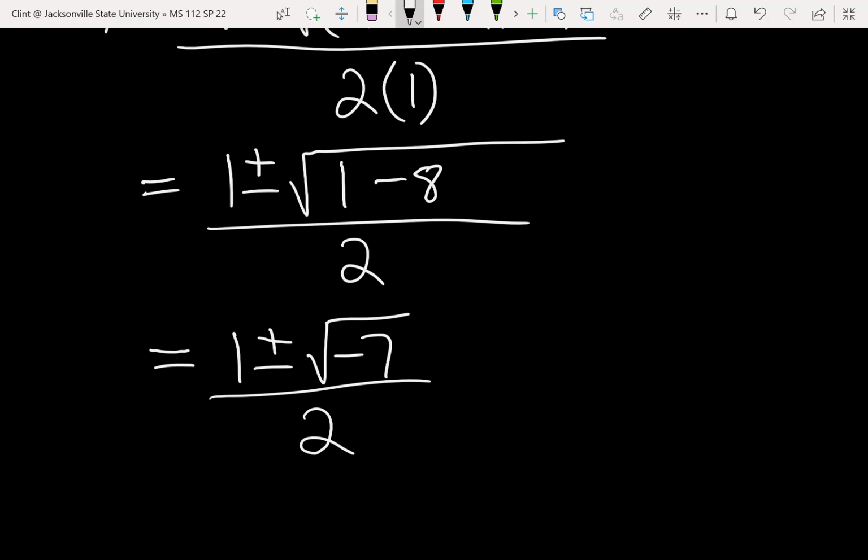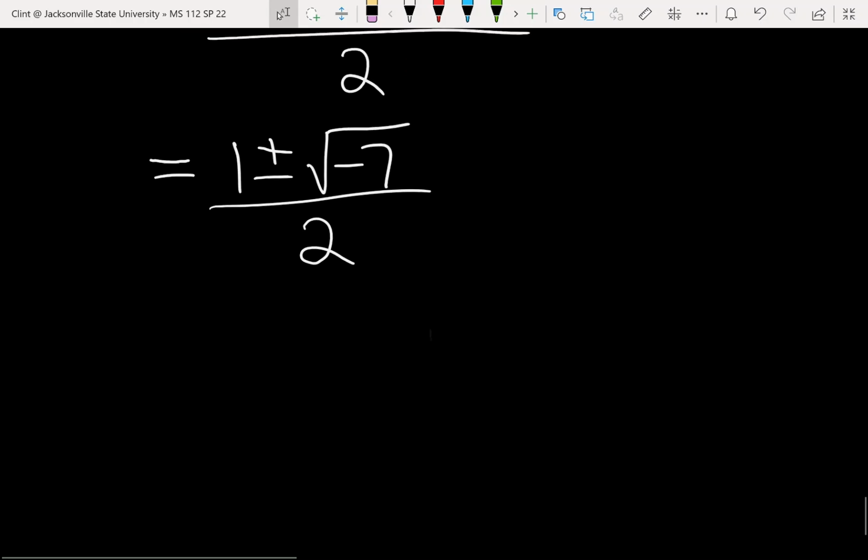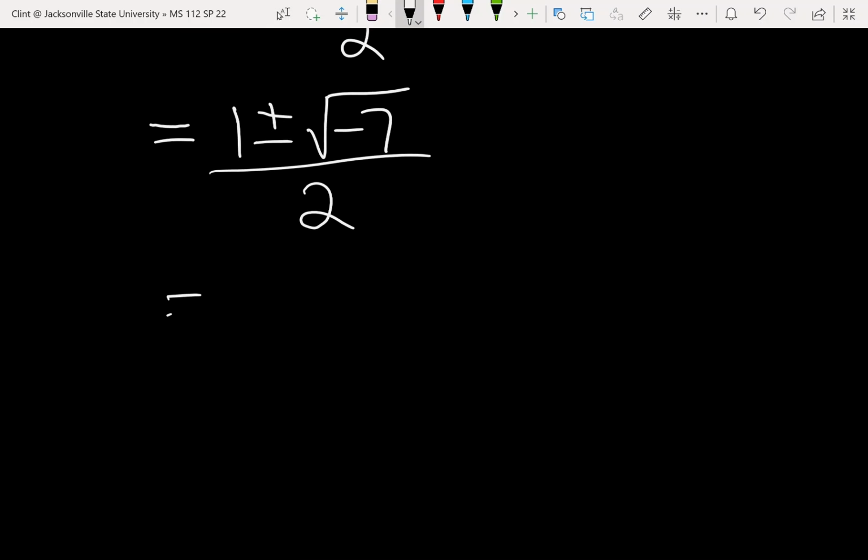And complex solutions. So let's talk about how to simplify in that case. We know that i is the square root of negative 1. So the way we can deal with a negative underneath the radical, we can take an i out. If we take negative 1 out, square root of negative 1, that's i.